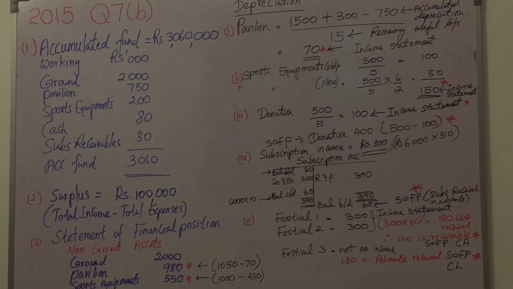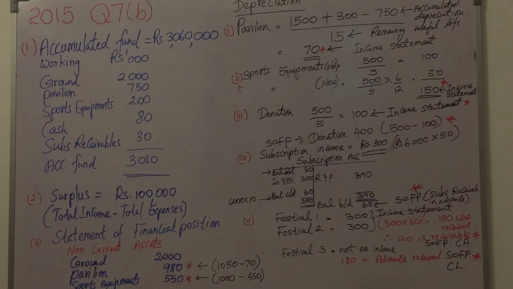And they say subscription received during the current year also includes 30,000 received in respect of year 2013 to 14. Right, so the subscription that you have received in total you find in the receipts and payments account, it is 390. So 390, what's the double entry?